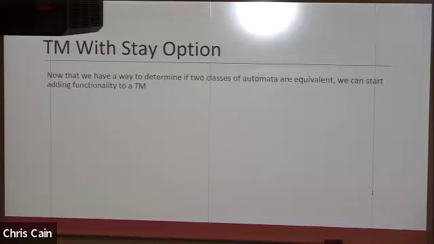We talked about this ever so briefly a couple class periods ago, but we're going to start adding functionality to our Turing machines and seeing if we can break this concept of equivalence. Like how much power can we add to the Turing machine without really changing the class of languages that it can accept?